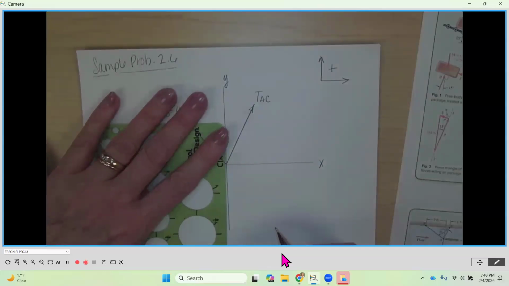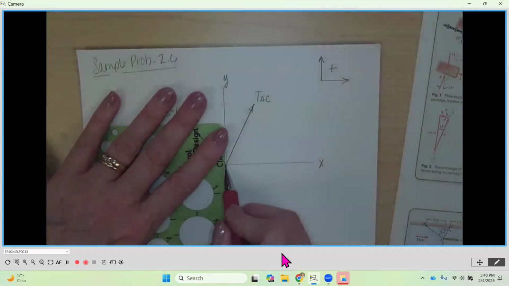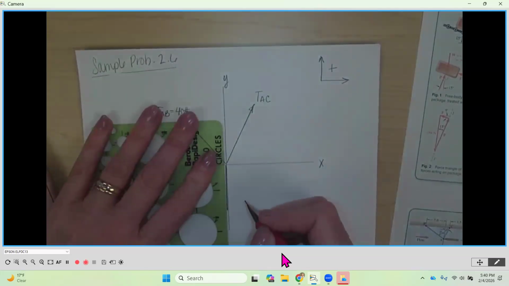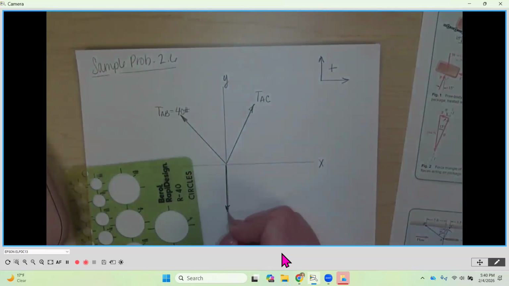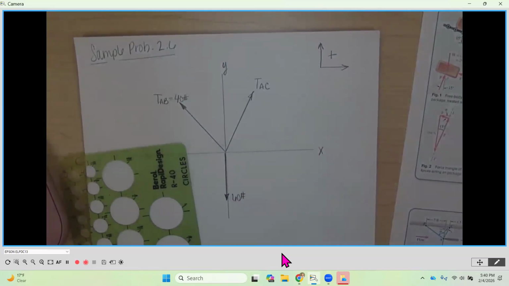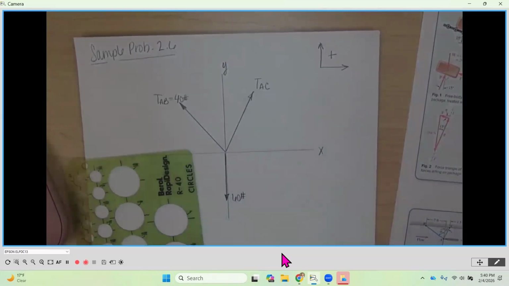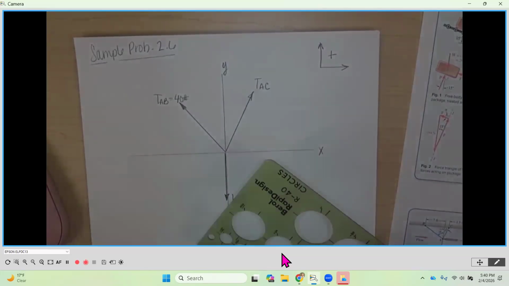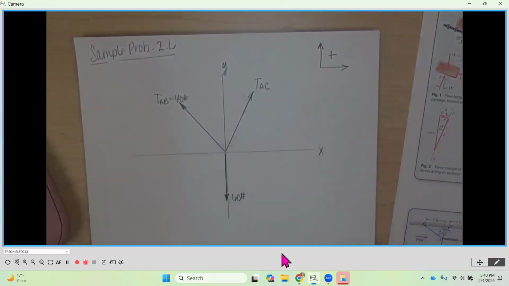And then we know that we have a force going straight down, and the problem told us this was 60 pounds going straight down. That was the tension in AE. Now, they want us to also determine what is the drag force.